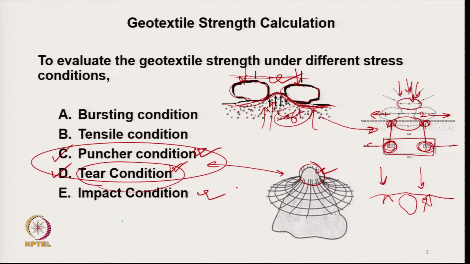So, suppose the geotextile is placed over the ground, and a sharp rock is falling on the geotextile, and due to this impact the geotextile may get damaged. So, here we will try to calculate the impact strength of geotextiles.